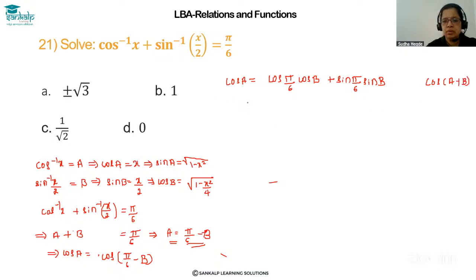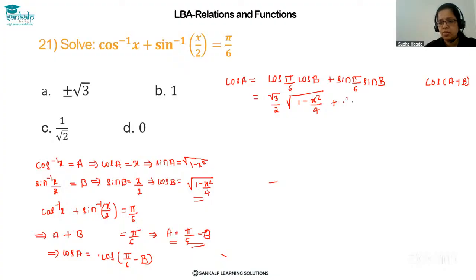Okay. Now, what is cos 5π/6? Cos 5π/6, or cos 150, is root 3/2 in magnitude. What is cos B? Cos B you have calculated here. It is root of 1 minus x square by 4, plus what is sin 5π/6?